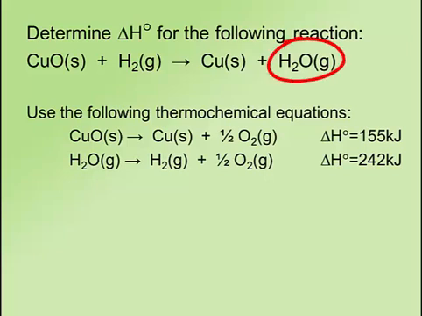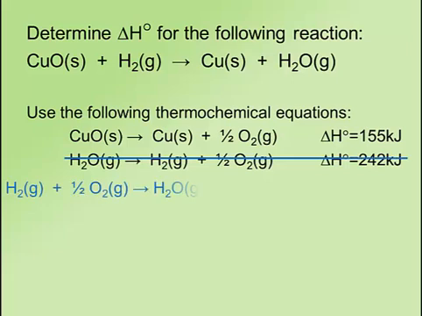H2O needs to be on the product side. If you flip a thermochemical equation, you change the sign of delta H. So this second equation now is H2 plus 1/2 O2 yields H2O. And delta H is negative 242 kilojoules.